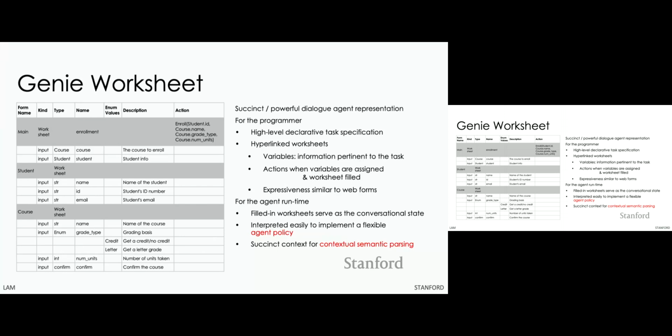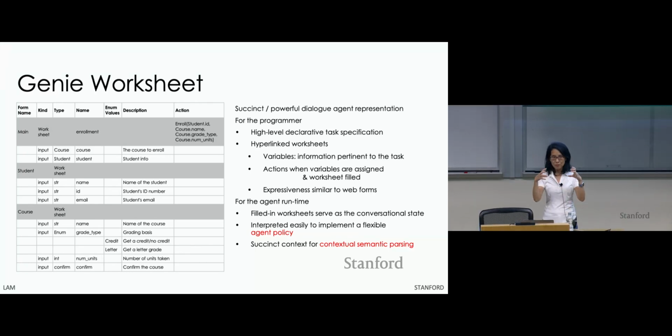What the agent has to do is that as it listens to the user, it fills in the worksheets, and that represents a dialog state. And this dialog state is used as the history to interpret new sentences in the semantic parser. And this information is also used to decide what the agent needs to do next. Okay? So that's the high level.